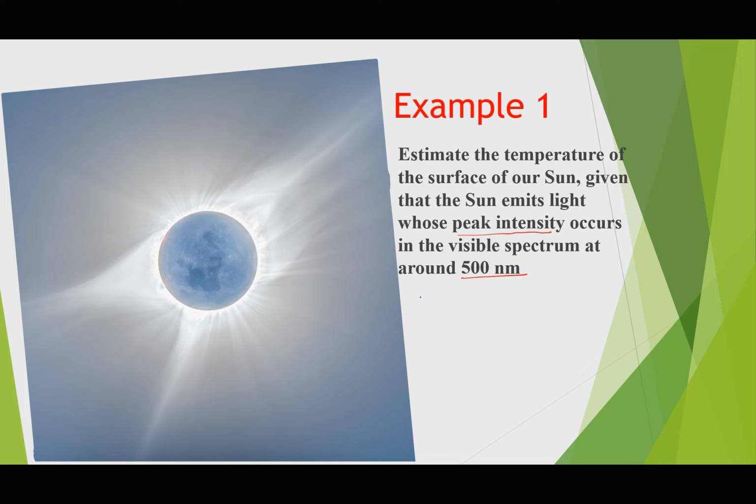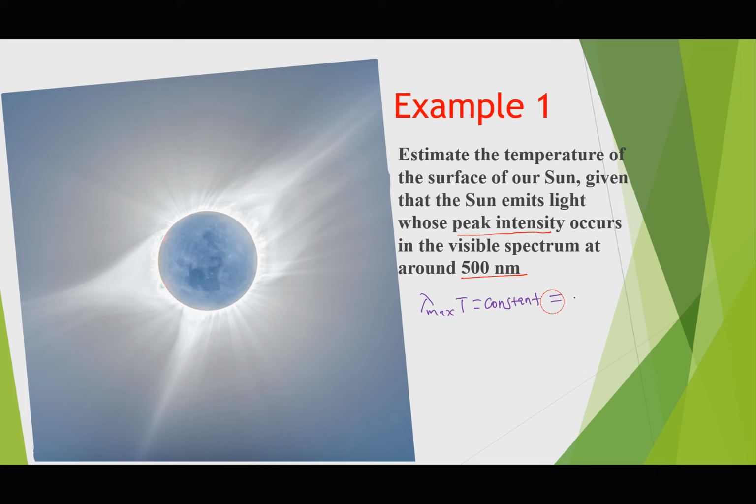According to Wien's displacement law, we know that lambda max times the absolute temperature is equal to a constant. And of course, I said you don't need to know this constant, so the examiner will not give you a question where you need to remember it.